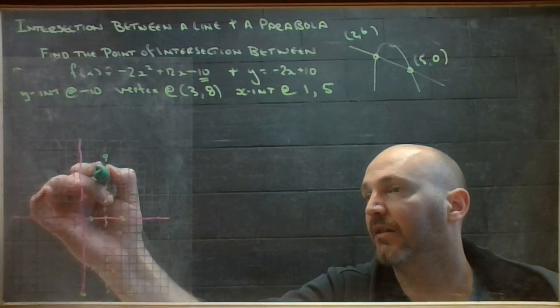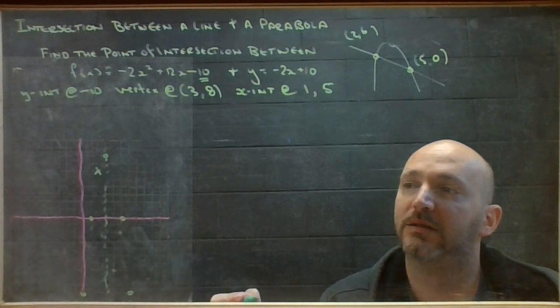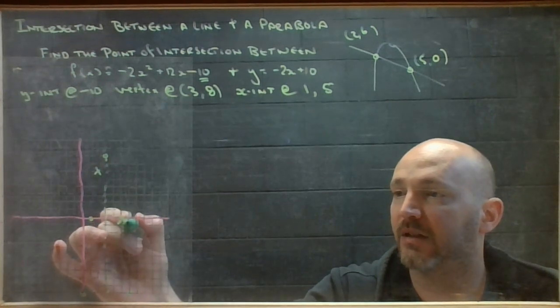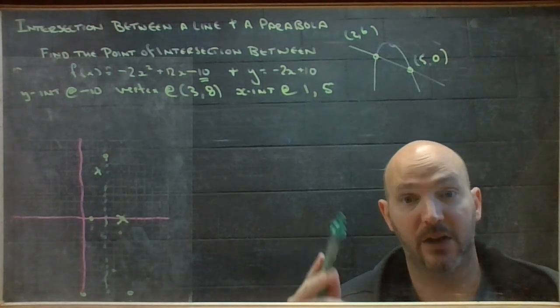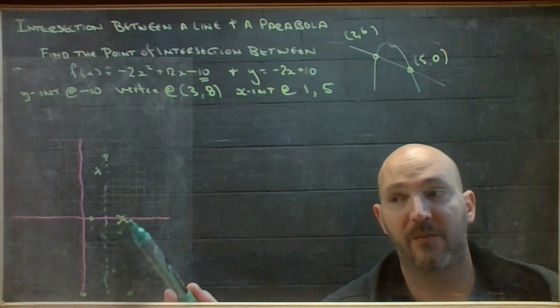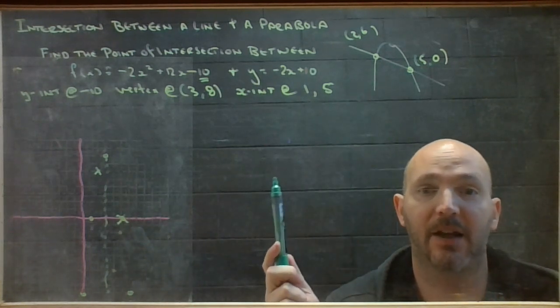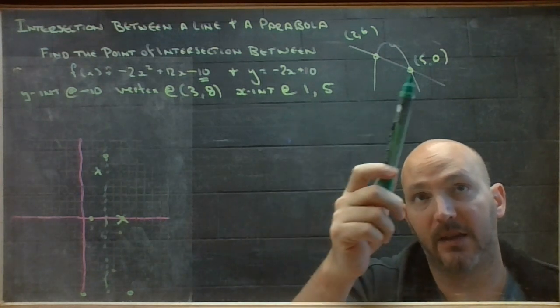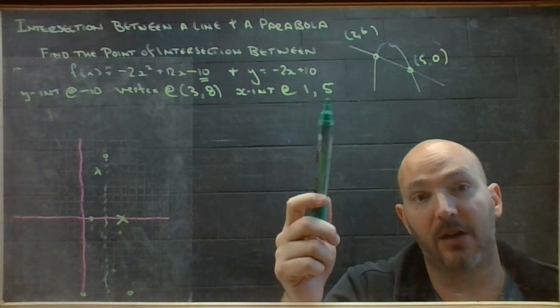That will be here. And I have an intersection point here at (5, 0). Now that's encouraging, because one of my x-intercepts happened to land on that intersection point. So I know that this intersection point is actually on the parabola.